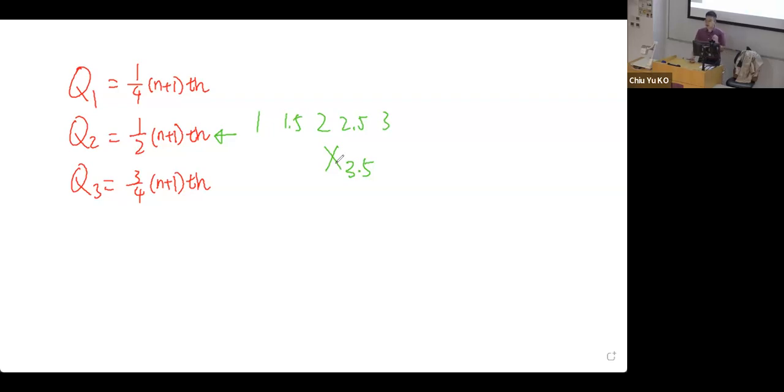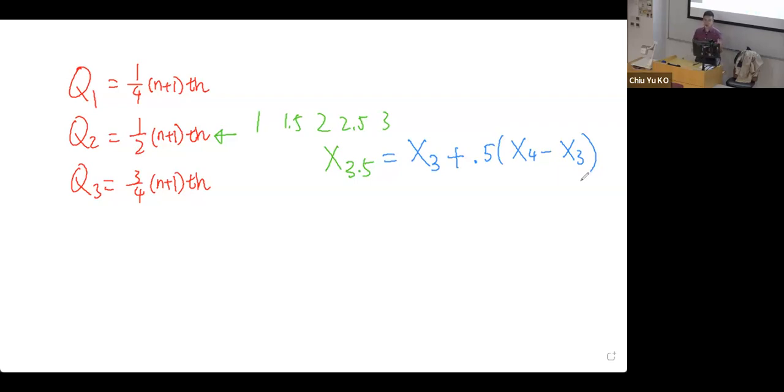And what we're actually thinking in our mind is what we call linear interpolation. We start from number 3, and 0.5 is halfway between 3 and 4, right? So that's why we go halfway between 3 and 4. This is the formula that we have been using.